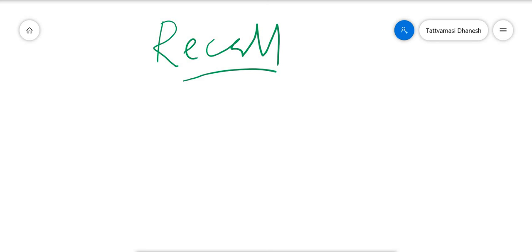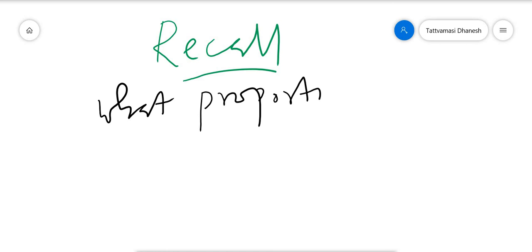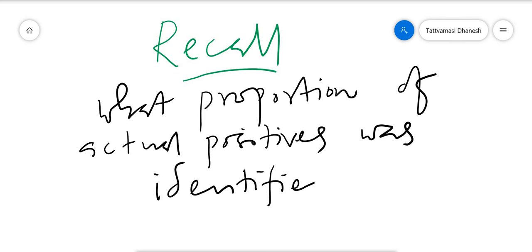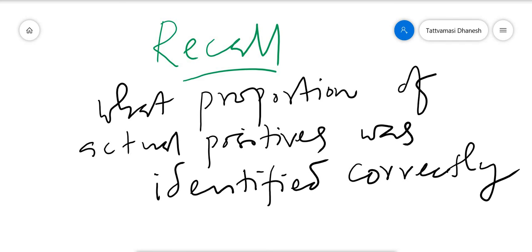That's what recall gives an idea of: what proportion of actual positives was identified correctly. This is known as recall. This is the concept behind recall.